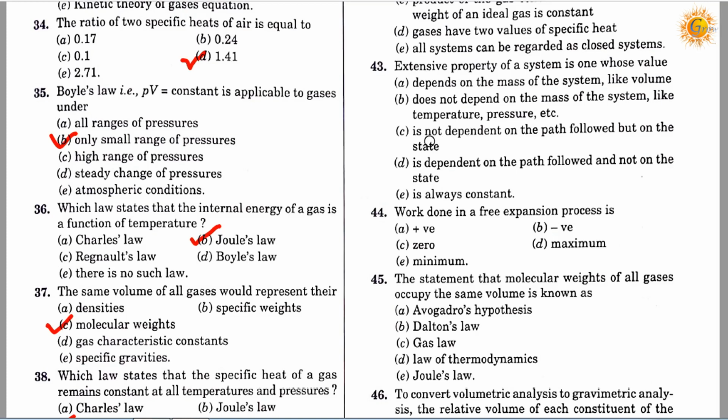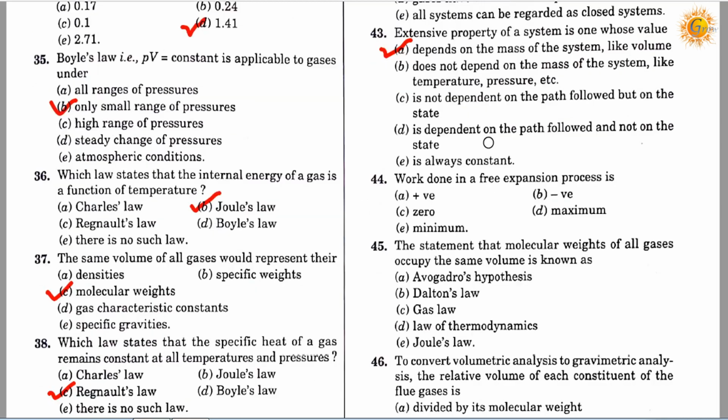Option C, does not depend on the path followed but on the state. Option D, is dependent on the path followed and not on the state. Option E is always constant. Correct answer is A. Extensive property of a system is the one whose value depends on the mass of the system, like volume.